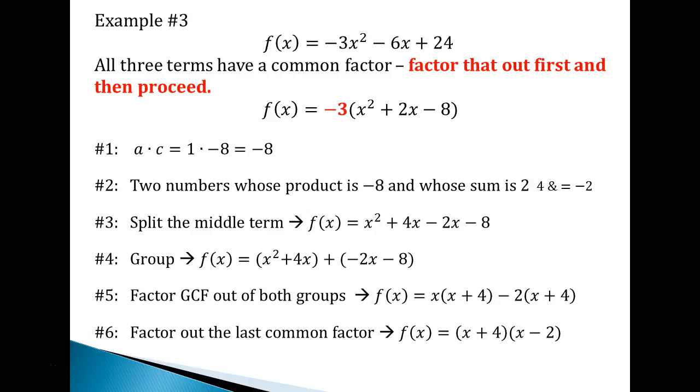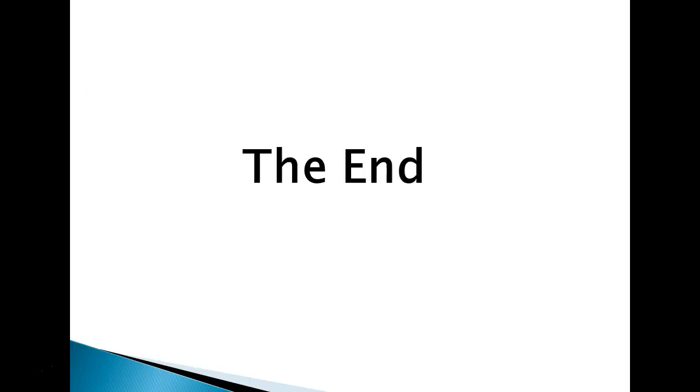So the final answer should read negative 3 outside of the parentheses times x plus 4 times x minus 2. Pause now and write down this complete example, not forgetting to put the minus 3 in front of your answer for this example. Now that's all on factoring quadratics.